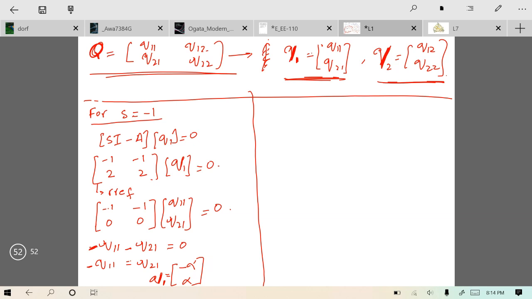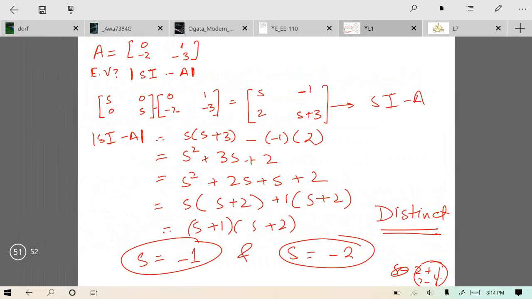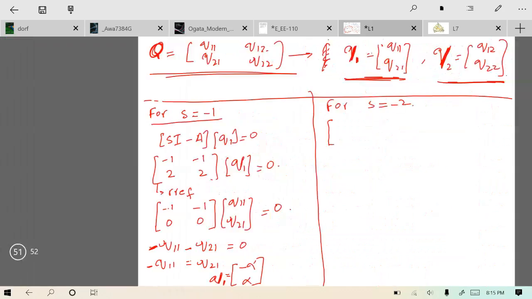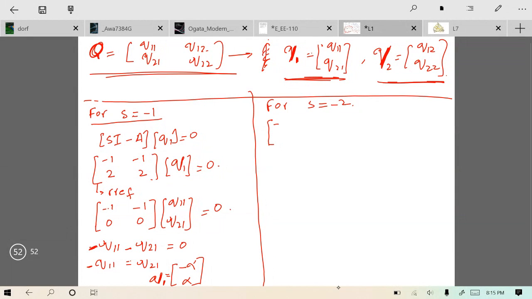And similarly for the second eigenvalue, which is s equal to -2, we have (sI minus A) times q2. Putting s equal to -2 in this, we have -2, -1, 2, and -2 plus 3, which is equal to 1. So I have -2, -1, 2, 1 times q2 equal to 0.